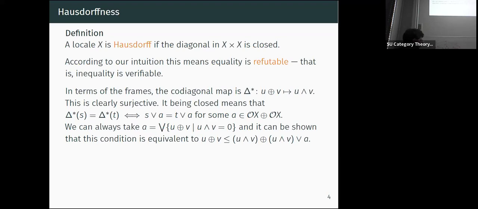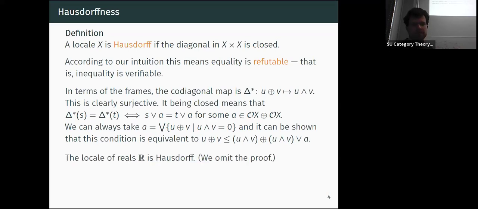So this is actually the complement of the diagonal. That's kind of what we expect, right? Because for an open sublocale, this A that we have is going to be the complement of that open sublocale. And in order to prove things, it turns out you can rephrase this condition a little bit to give something which is nice to prove.